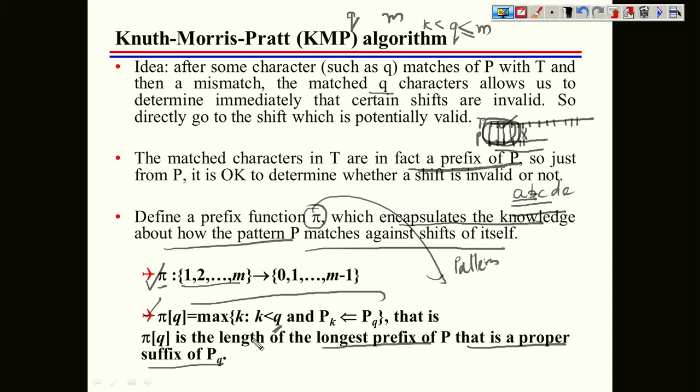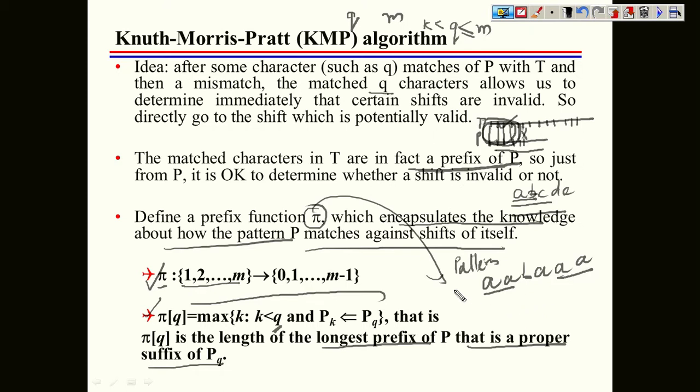What does it mean? It means if I write a a b a a, here in this given string you can see this is your prefix and this is your suffix. Here you have k equal to 2, which says that the longest prefix is also the proper suffix.